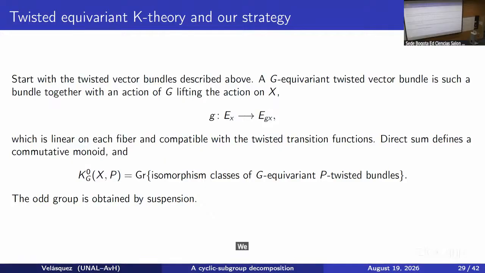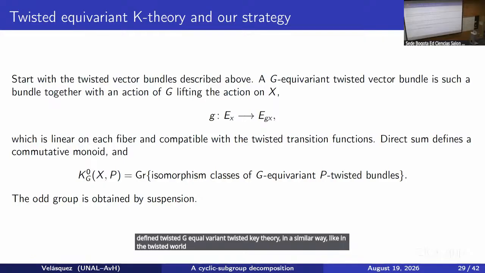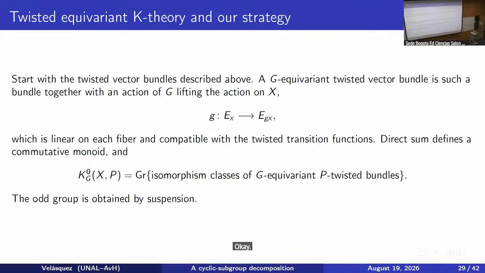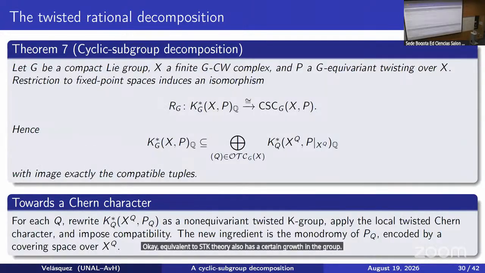We can also define twisted G-equivariant K-theory in a similar way as in the untwisted world. And equivariant twisted K-theory also has a certain Grothendieck group. And we also have a theorem relating the twisted equivariant K-theory with rational coefficients to a certain subgroup inside a direct sum of twisted equivariant K-theory with respect to cyclic subgroups with trivial action.